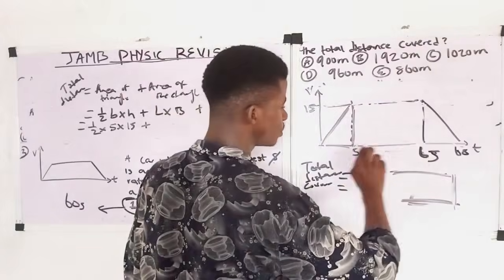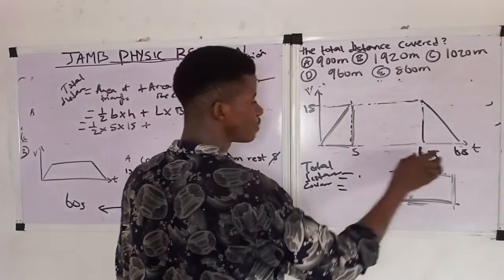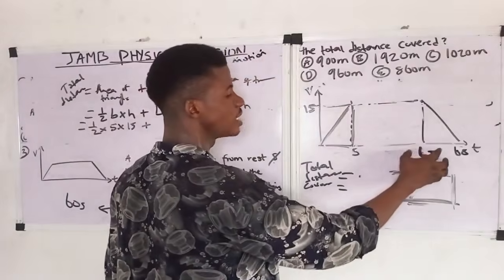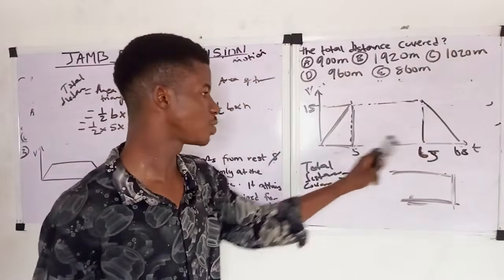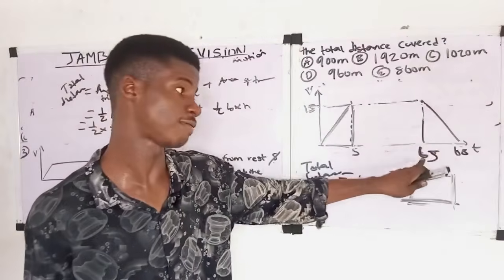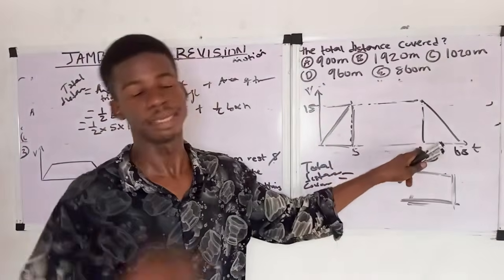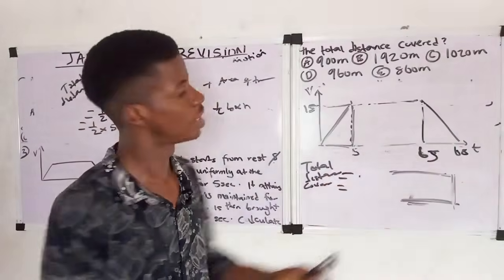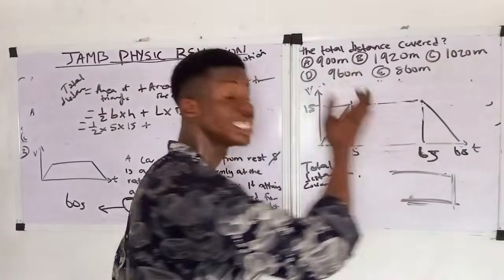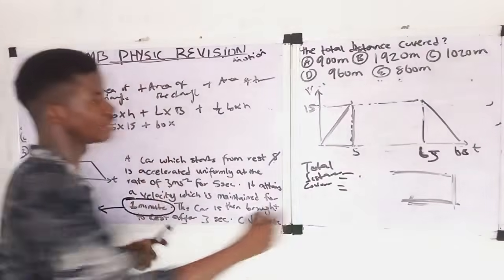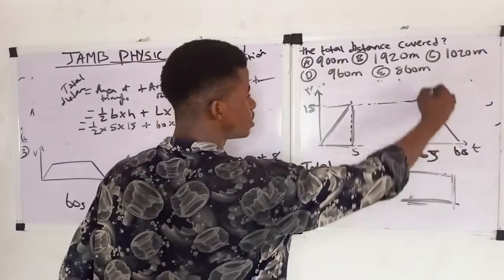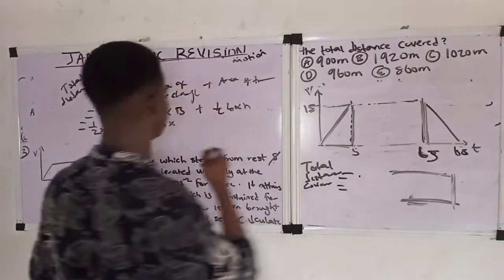The length is 65 minus 5, which is 60, because 60 plus 5 gives us 65. So the length from here to here is 60. Then times the breadth. The breadth is 15.